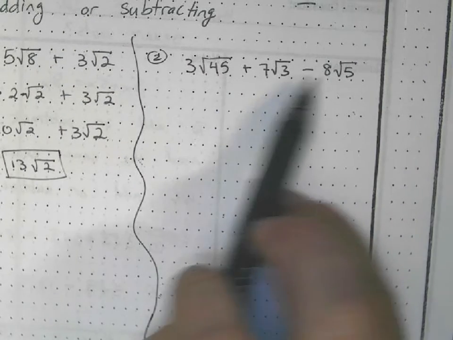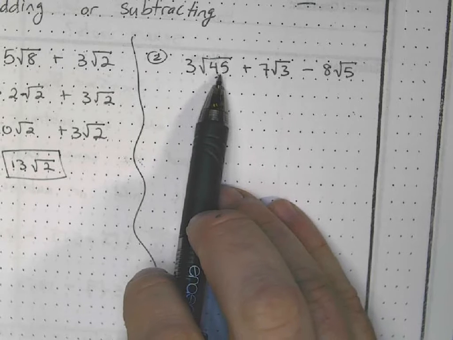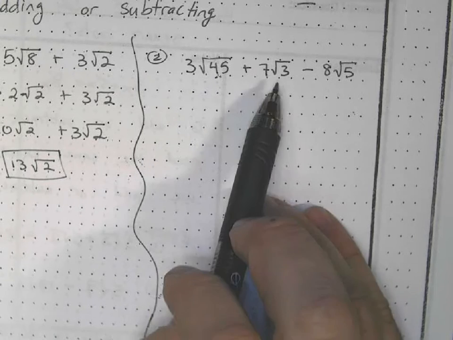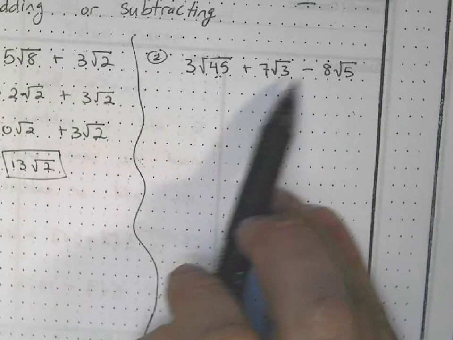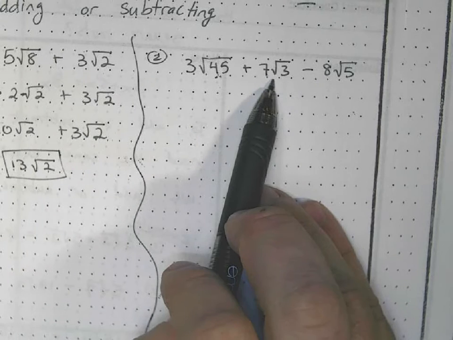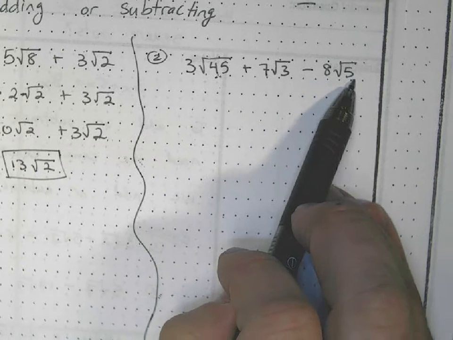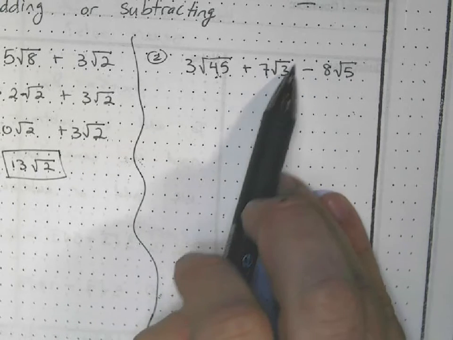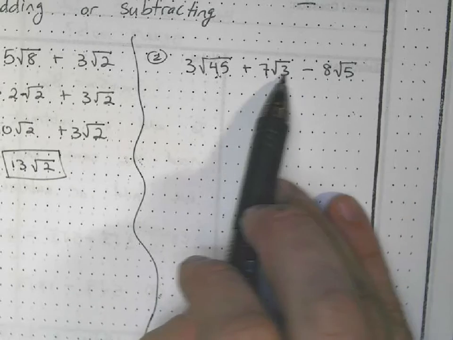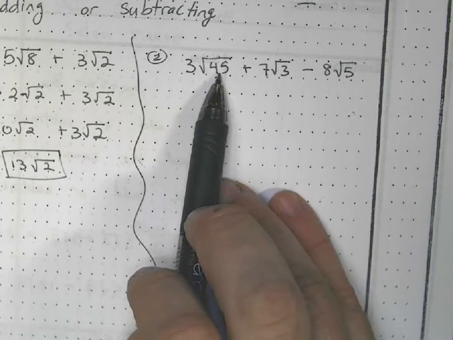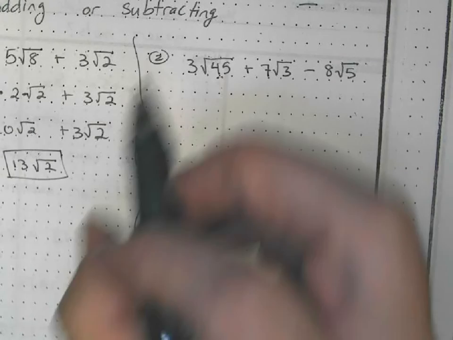So it looks like I'm going to have to simplify the square root of 45 first. And then we can see if we have some like terms. So far, are these last two alike? Is 7 root 3 alike 8 root 5? They are not. That is a square root of 3. That is a square root of 5. These are different. Let's see what 3 root 45 becomes.